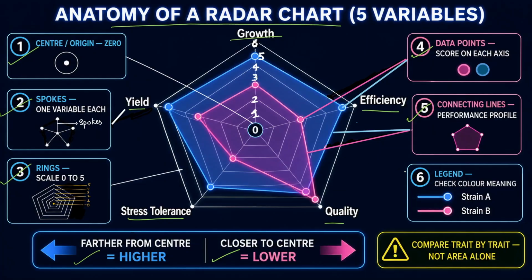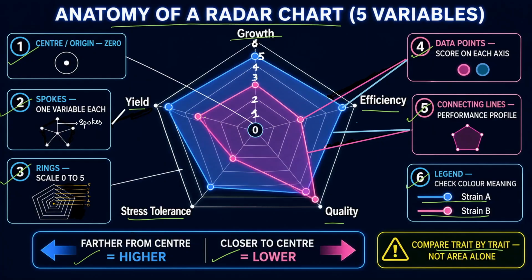Sixth, always check the legend before reading the chart. Here, blue represents strain A, whereas pink represents strain B. This tells which points and lines belong to each strain. While comparing the strains, examine one trait at a time: growth, efficiency, quality, stress tolerance, and yield. On each spoke, the strain whose point lies farther from the center has the higher score.